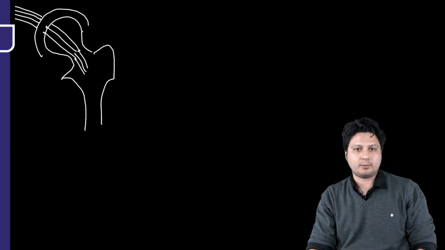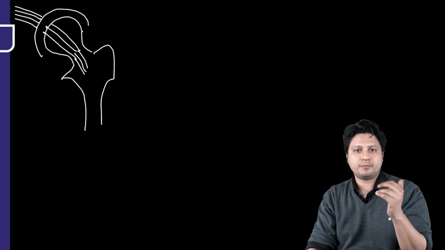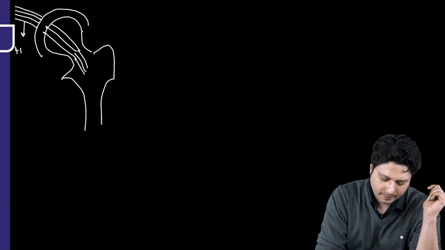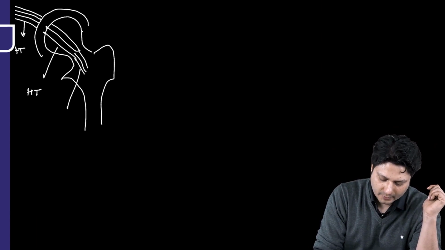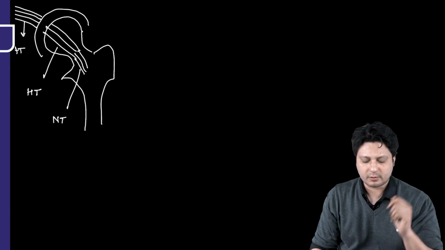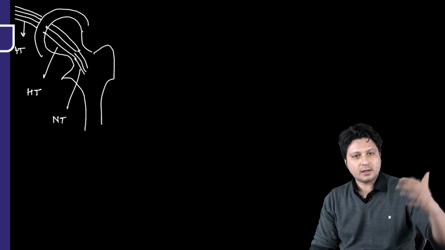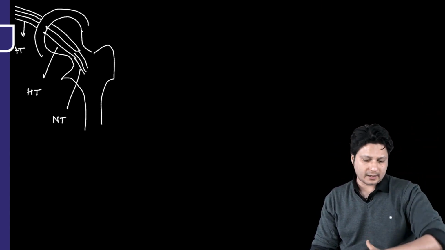Along the weight bearing axis, this is the more calcified portion of the neck of femur, head of femur and the acetabulum. So this is the acetabular trabeculae, this is head of femur trabeculae, and this is the neck trabeculae. And all three of them are aligned, smooth alignment along the weight bearing axis.